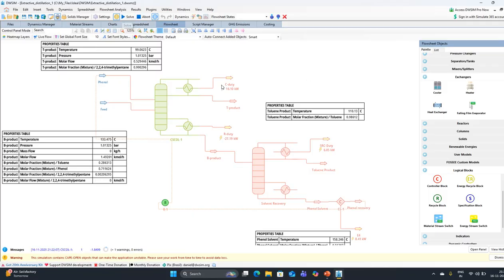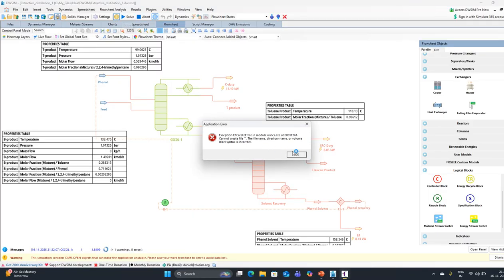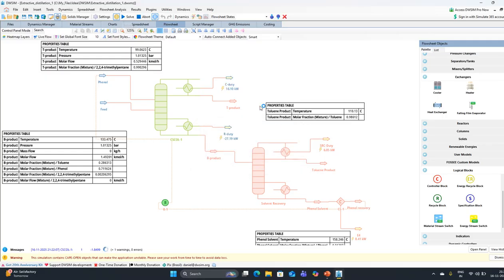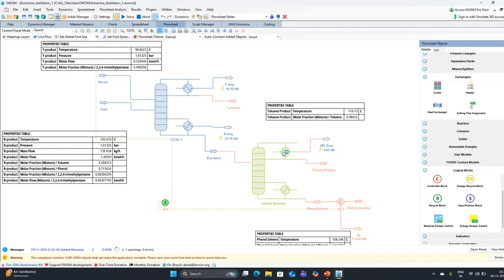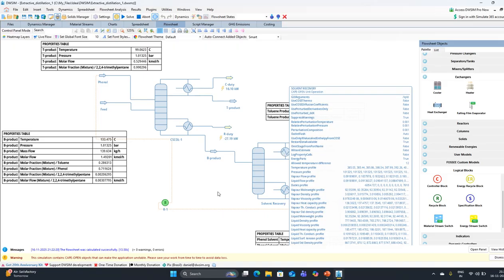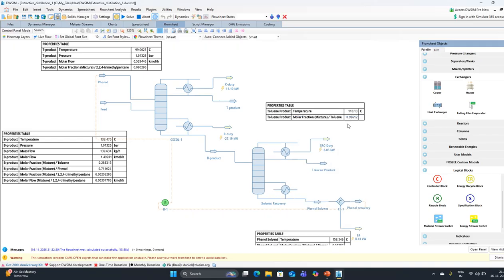So now I will hit the solve button. After a time this will be solved. Now here you can see it is 0.98612 and it is 0.990296.